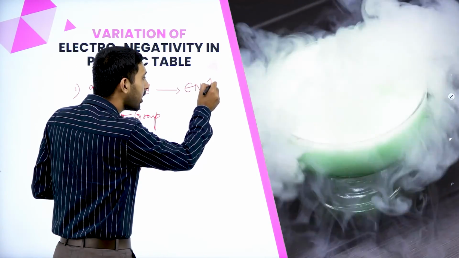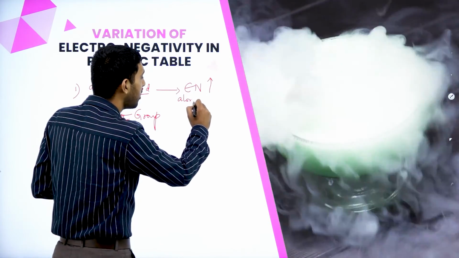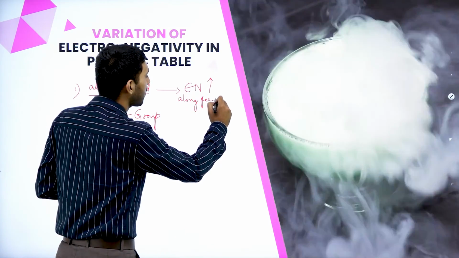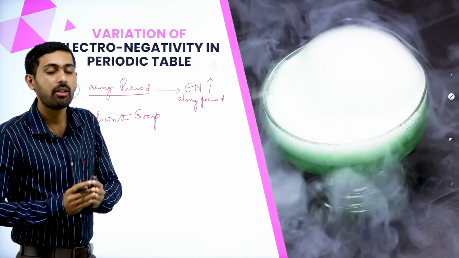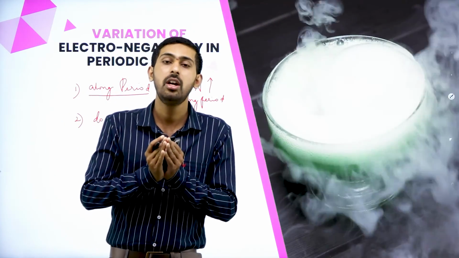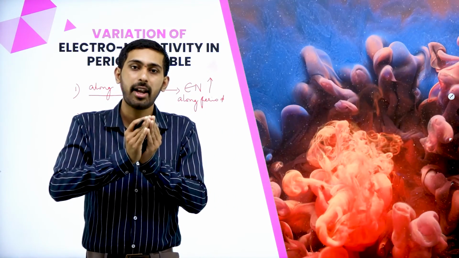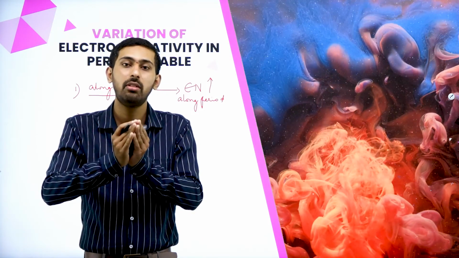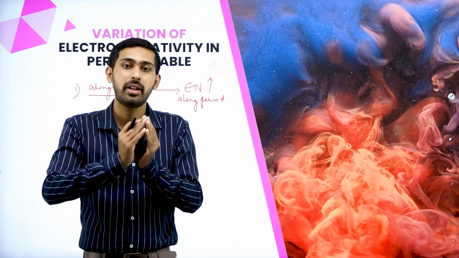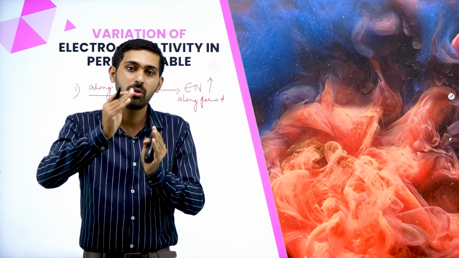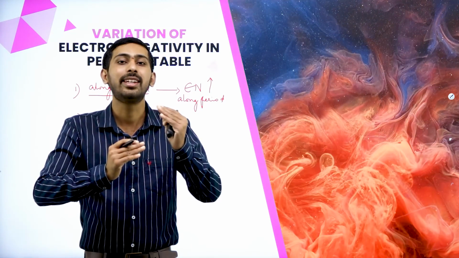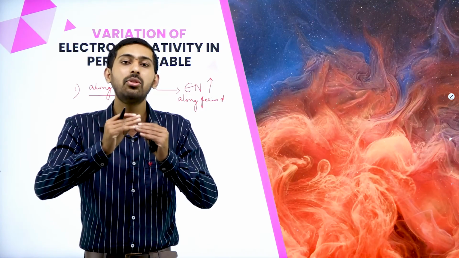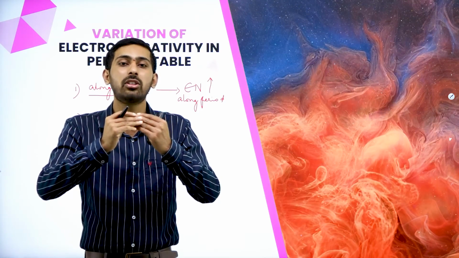Why is it increasing along the period? Because electrons are added to the same shell. When electrons are added to the same shell, the force of attraction between the nucleus and outermost shell will be larger. So electronegativity increases, and effective nuclear charge increases along the period.